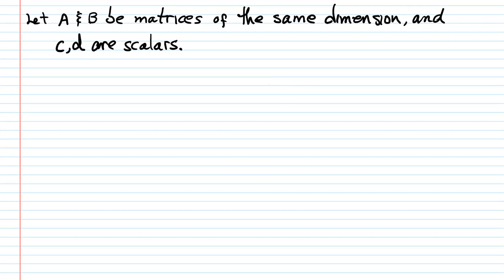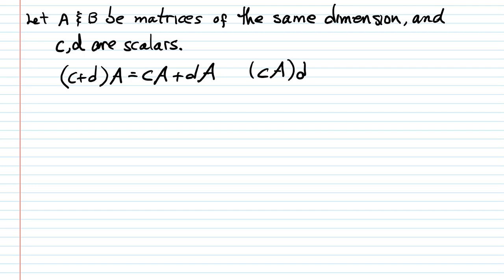Now, if we are adding two scalars, C plus D, multiplying it by A, well, we can actually distribute the constants, each to A. Okay, so that's how each of those distribute to A. If you're doing C times A and that product is multiplied by a scalar D, then we simply multiply the scalars.